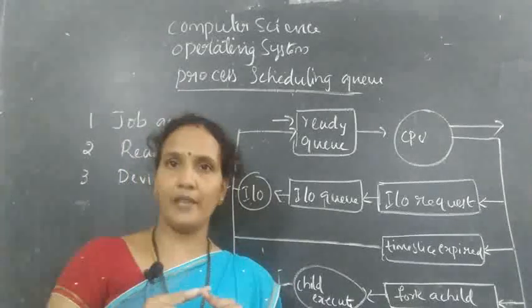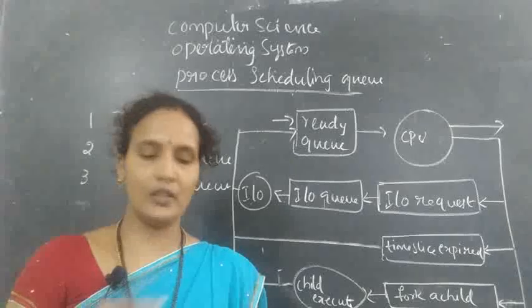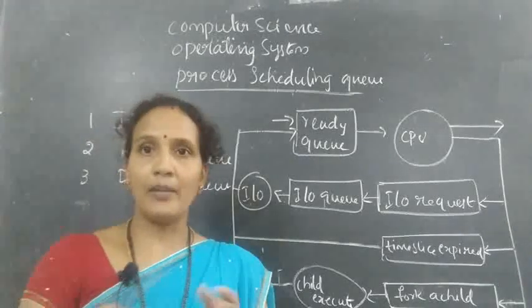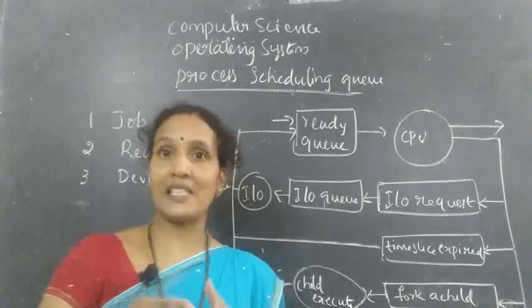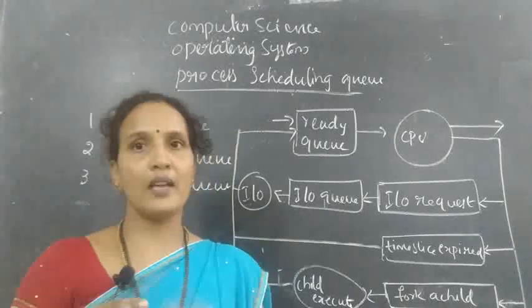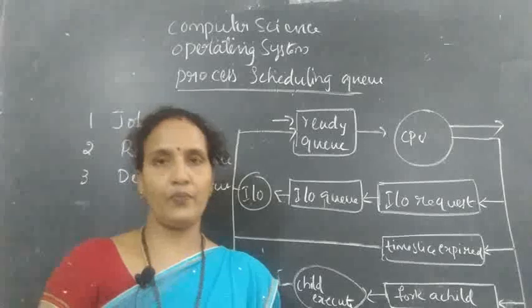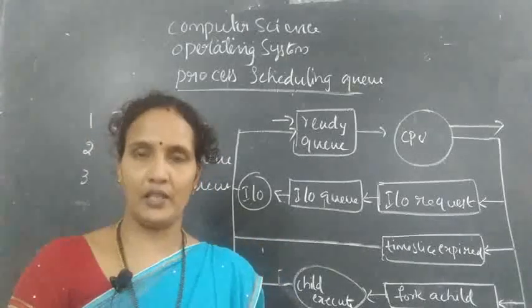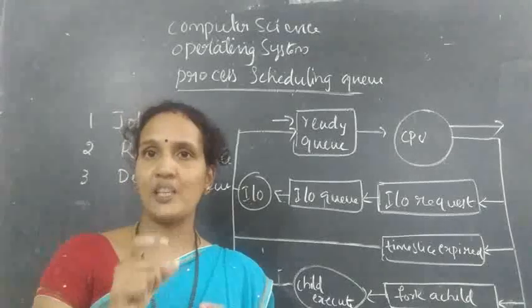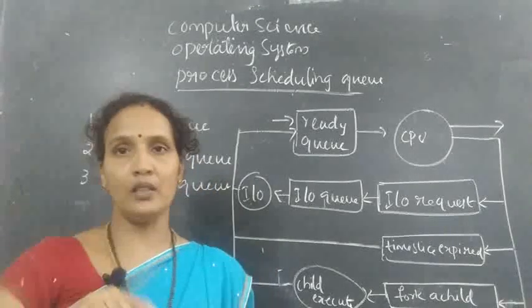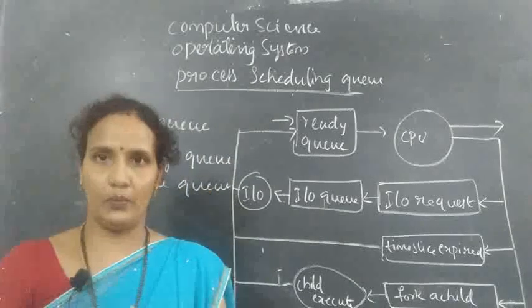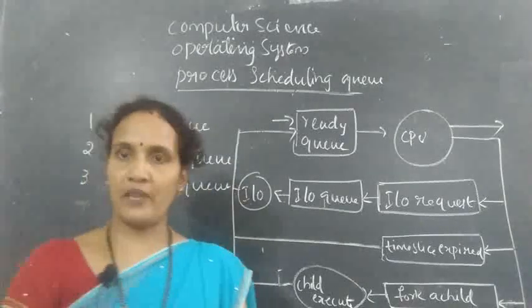So it maintains separate queues for process state as well as PCB. That means for processes in the same state, the operating system maintains a separate queue. And when a process changes from the current state, the PCB is unlinked from the current queue and joined to a new queue.